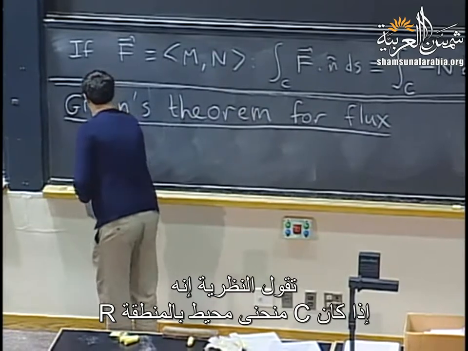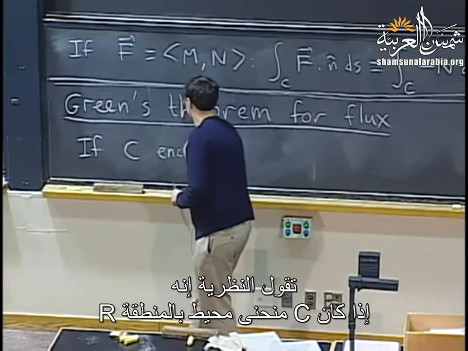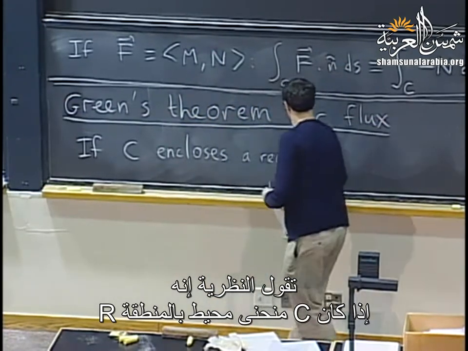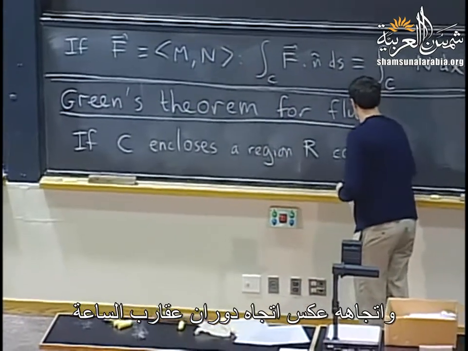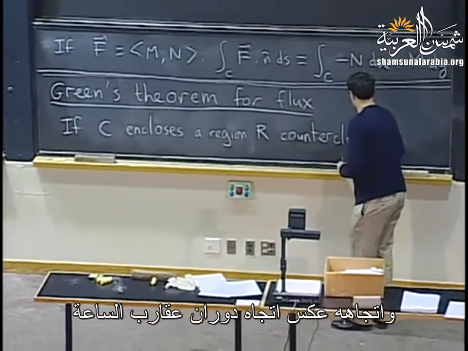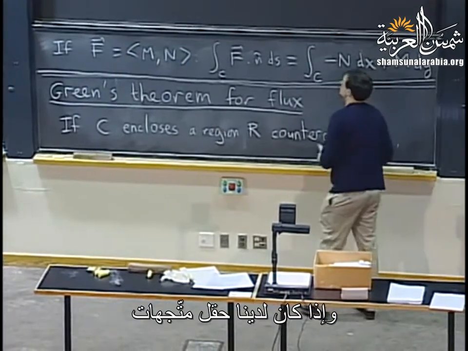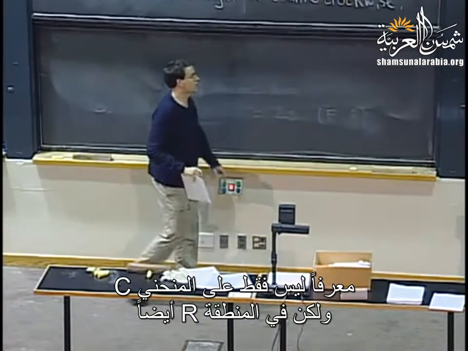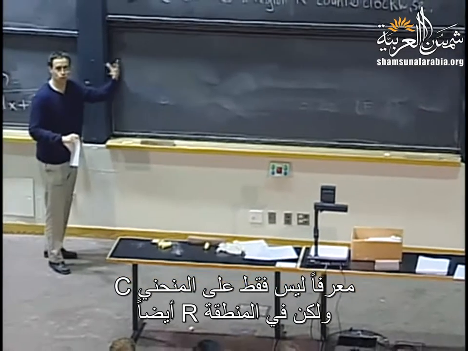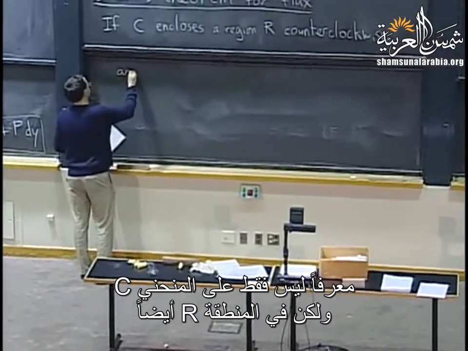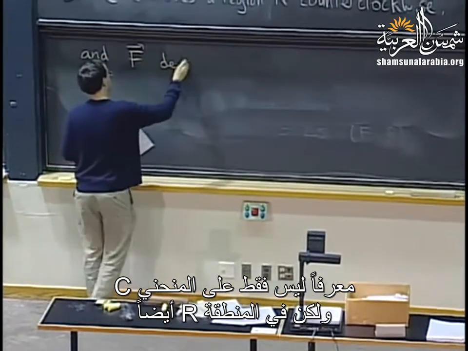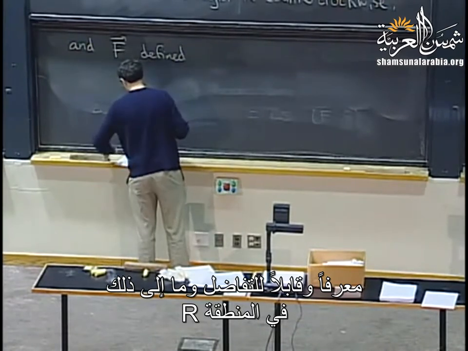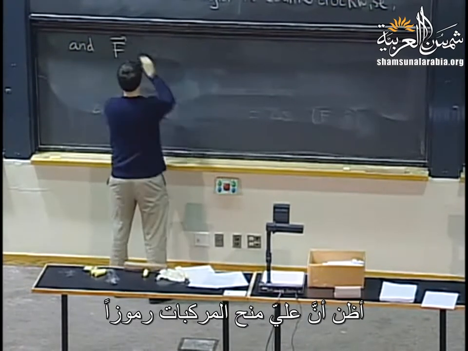So it says if C is a curve that encloses a region R counterclockwise, and if I have a vector field that's defined everywhere, not just on C, but also inside, so also on R, defined, well, and differentiable and so on, in R, well, maybe I should give names to the components.